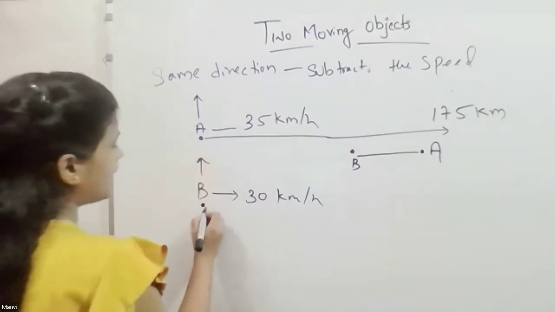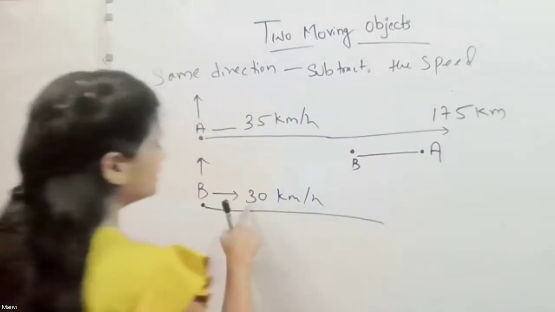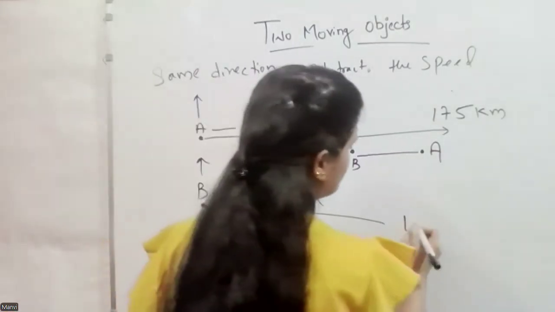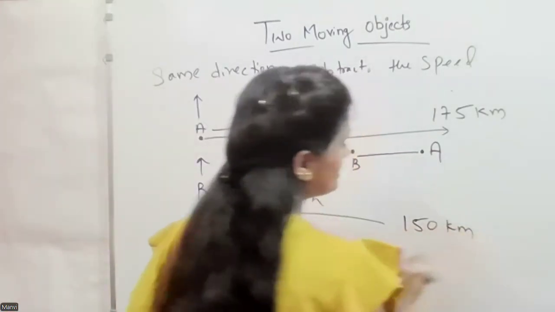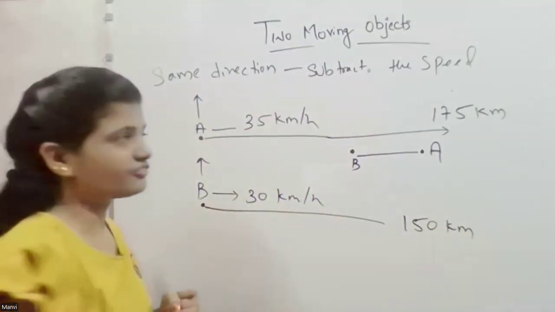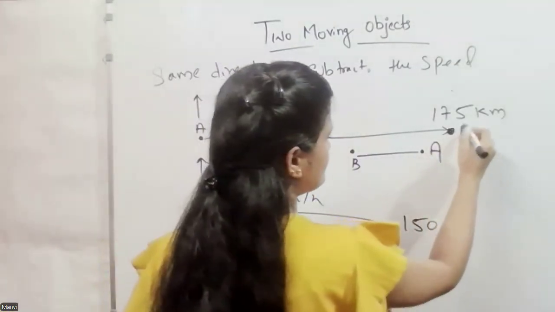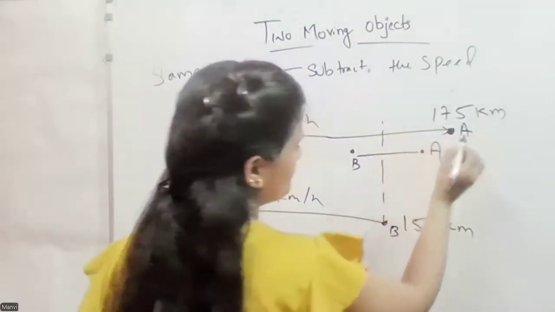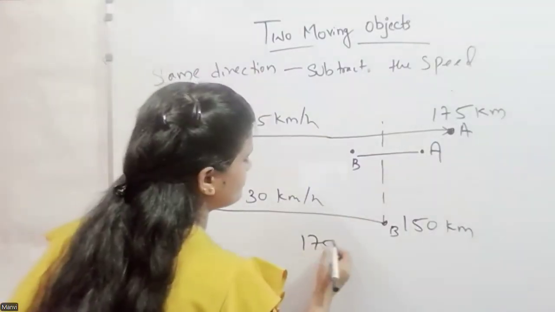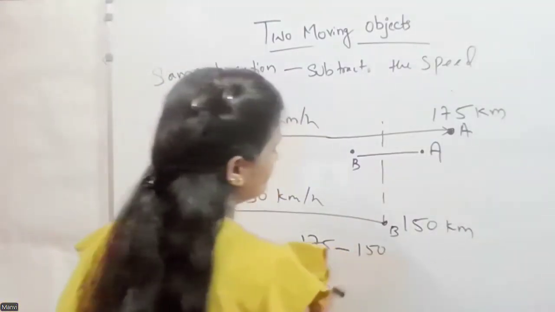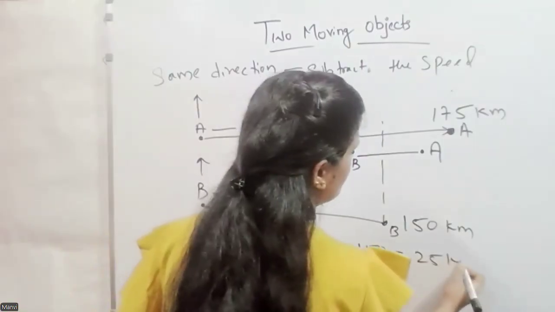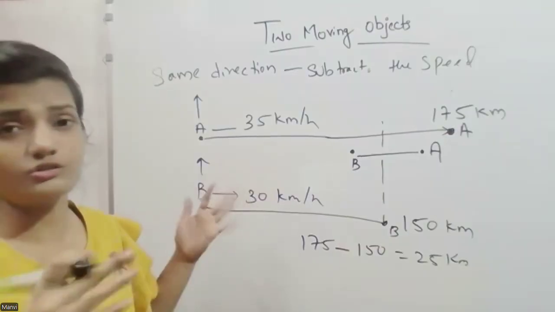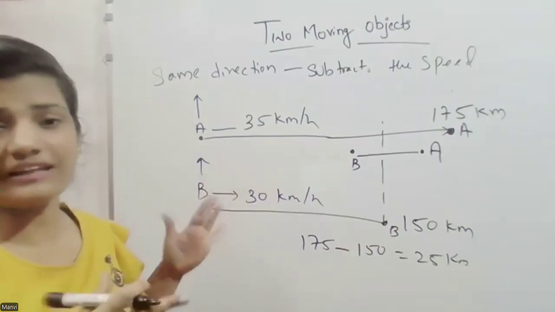After 5 hours, car B is at 30 times 5, which is 150. So the difference between where car A is and where car B is, is 175 minus 150, which is 25 kilometers. But we're not calculating this way.